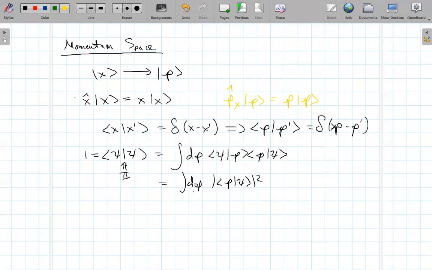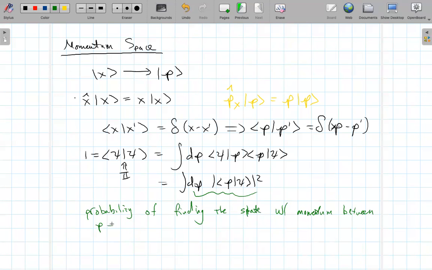So this term here, everything without the integral sign, is equal to what? The probability of finding the state with momentum between P and P plus dP, right?